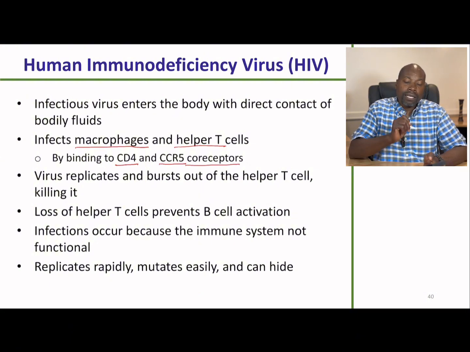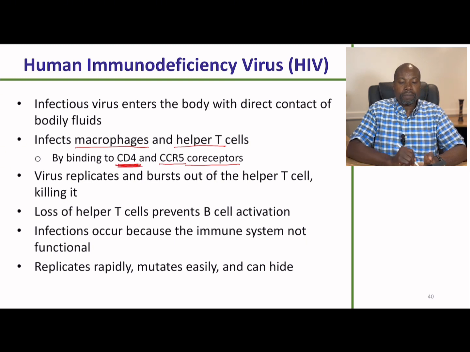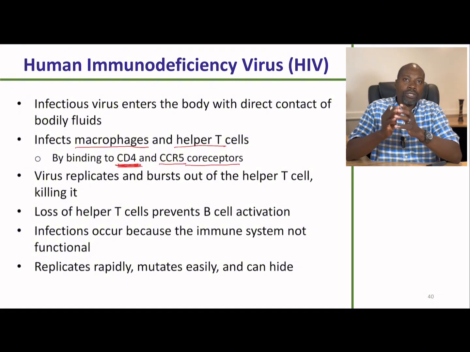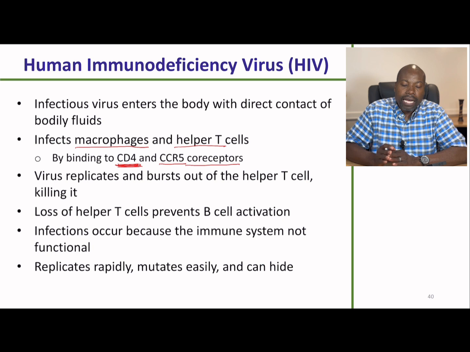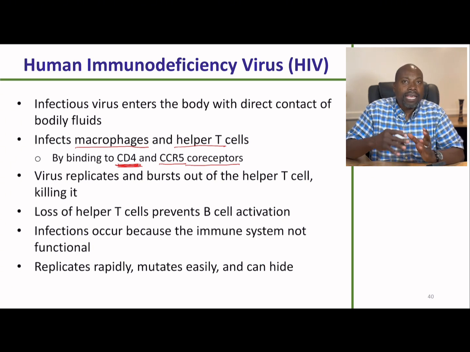In fact, CCR5 does not work alone, right? It's working alongside CD4, right? So, as the virus attaches to our cells, they get in, and when they get in, they are able to multiply, and as they multiply, ultimately, they are going to cause our cells to burst and die.